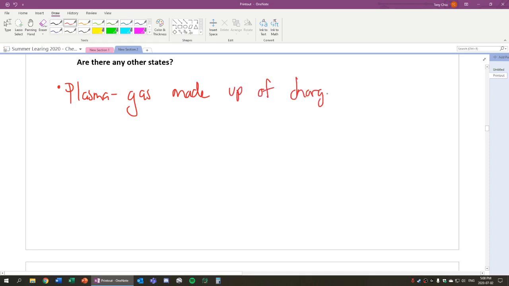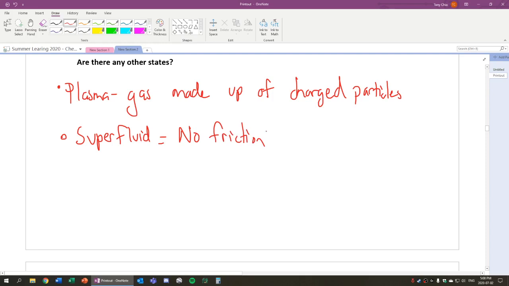It's where you rip the electron off of that particle and it becomes charged. So for example, lightning. Lightning is a plasma. The next one is called superfluid. Superfluids are, for example, liquid helium. They have no friction. So because they have no friction, they can actually move forever.